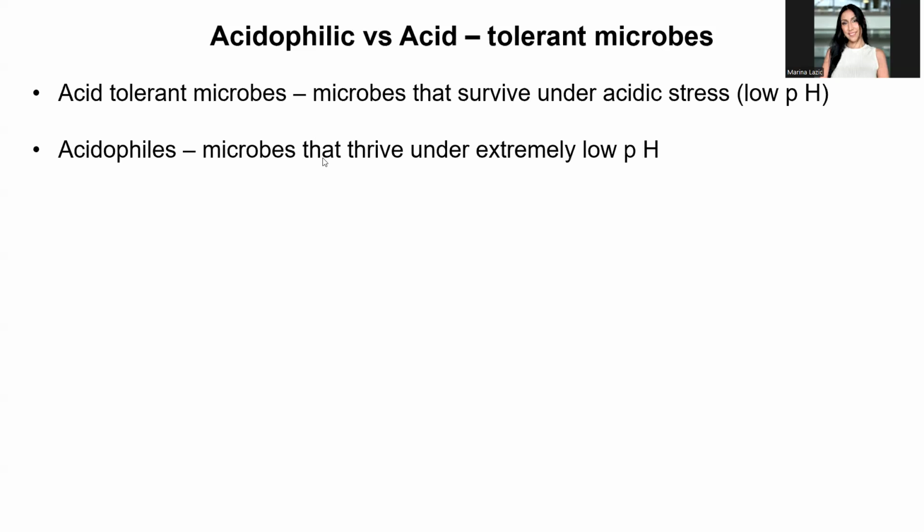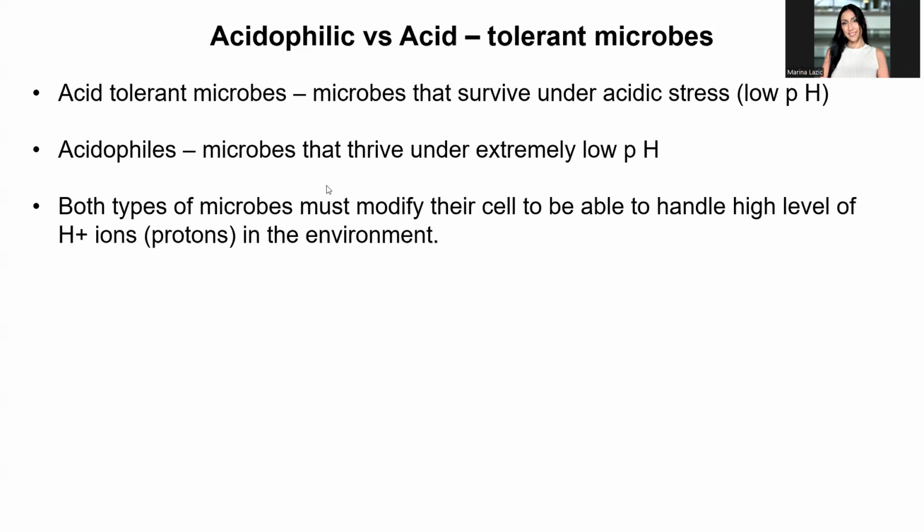So this is the big difference that students very often have a hard time understanding. If something is acidophilic, it has very specific features. If something is acid tolerant, it has specific adaptations. An acidophile will survive always under extremely low pH, and it's usually very extreme.